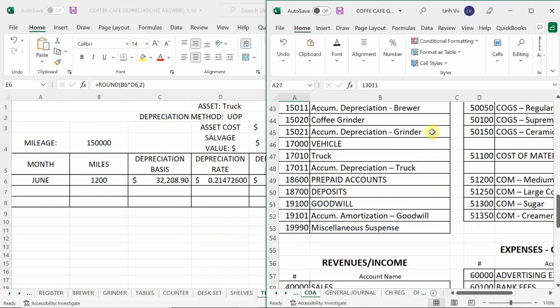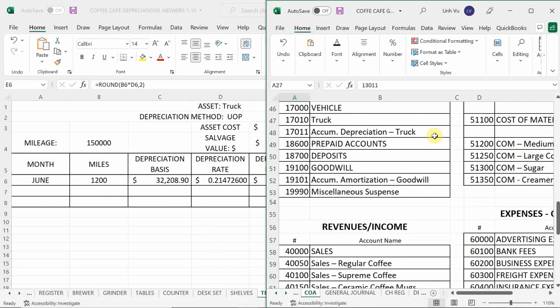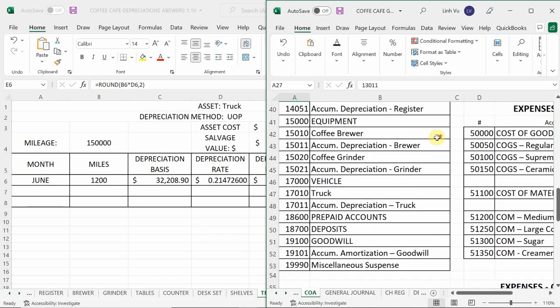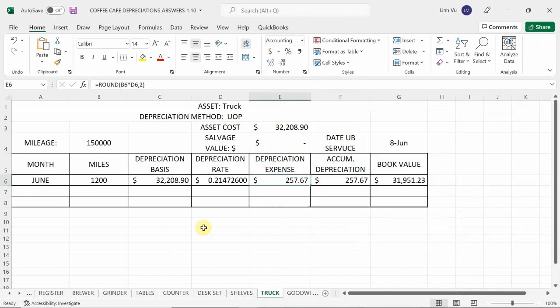Now, remember, this rule, historical cost, means you cannot deliberately change the value of the asset itself. You cannot write it off that the value of your asset is now $31,000. No, that's not true, because you didn't buy it for $31,000, you bought it for $32,000. So once again, depreciation is considered a non-cash transaction.